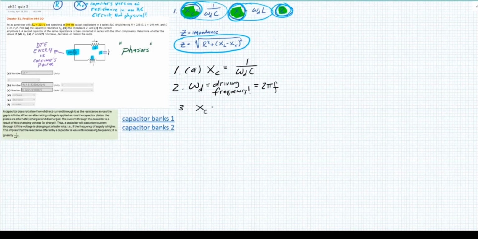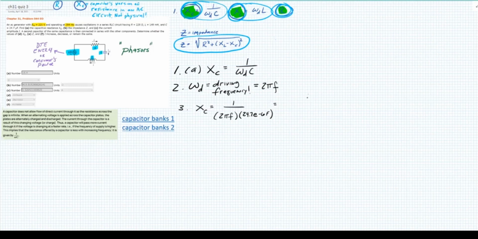The resistance caused by the capacitor, and I shouldn't say the resistance caused by the capacitor, I should say the capacitive reactance, which is basically an impedance to the flow of current, is equal to 1 all over the driving frequency, which is 2 pi f, times the capacitor value, which for me is 24.7 e to the minus 6 farads.